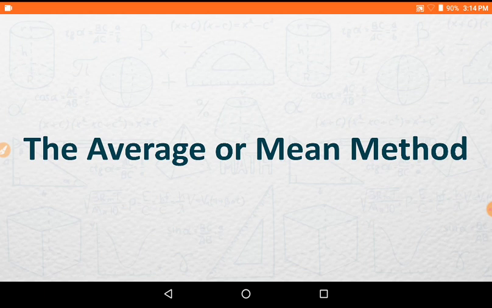Today we are going to look at another method to find a rational number between two rational numbers. That is the second method, the average or mean method. In the first method, we discussed how to find rational numbers between two rational numbers. If we have the same denominator, there is nothing too hard about finding the rational number.